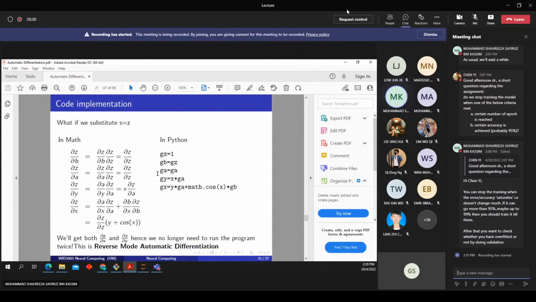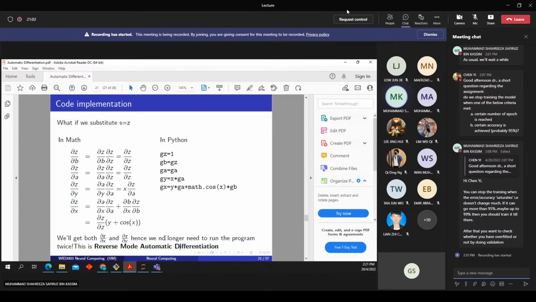It doesn't matter how many input variables you have, you only need to set the partial derivative of the last variable, s or z, with respect to z as 1, and then you can calculate the whole partial derivative with respect to the input variables.